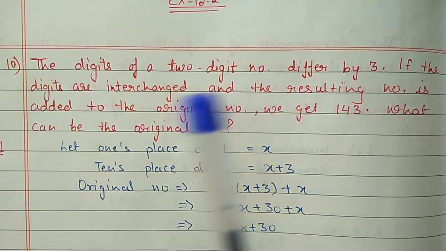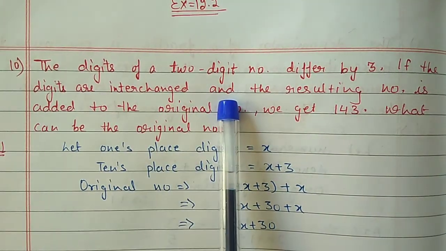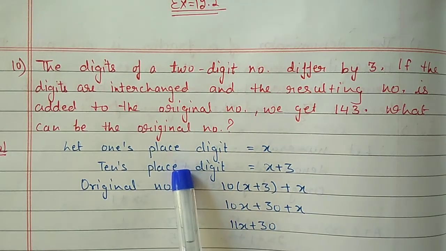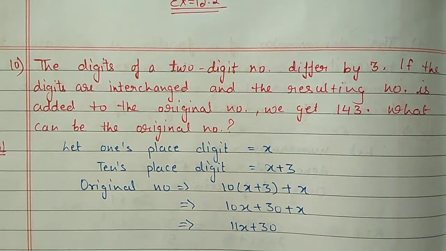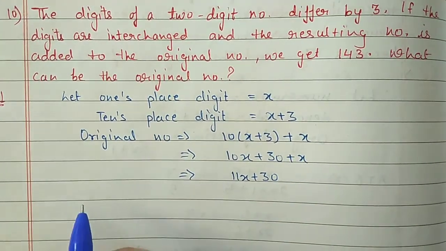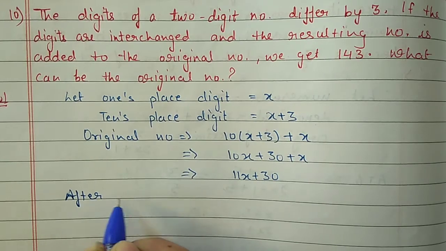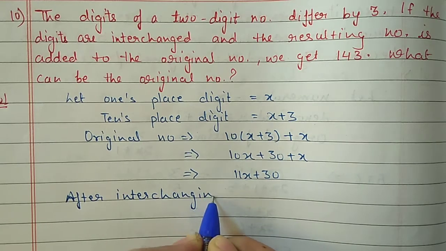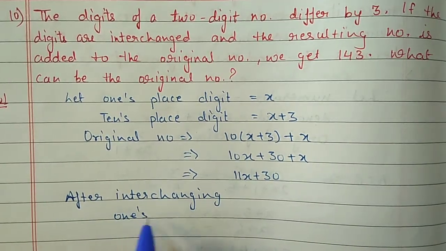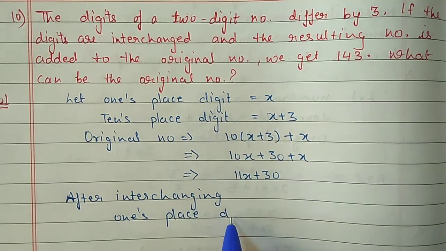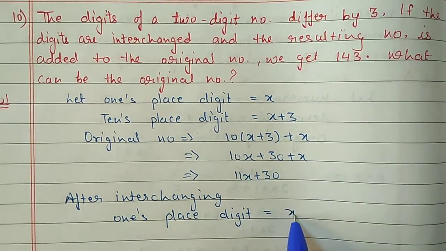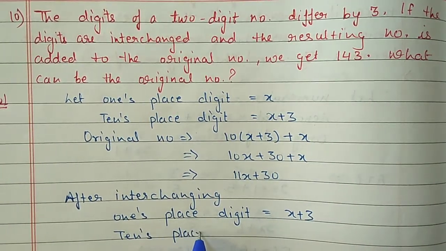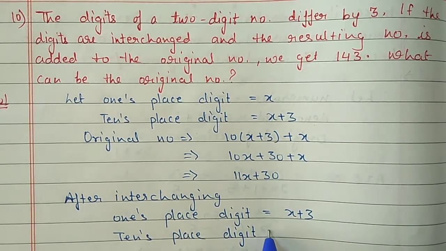Now second thing they told, if the digits are interchanged. Digits interchanged means the tens place digit will go to the ones place and the ones place will go to the tens place. These two places we have to interchange. Then after interchanging, ones place digit will be x plus 3 and tens place digit will be x.